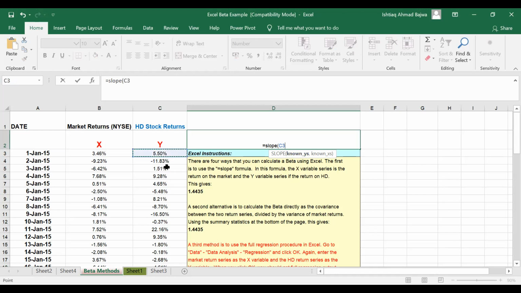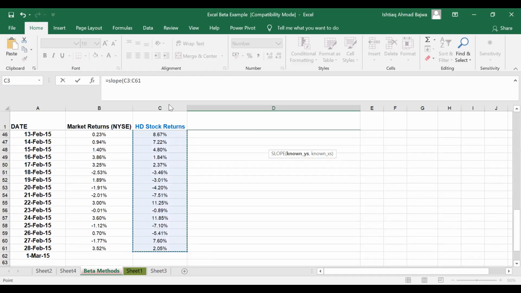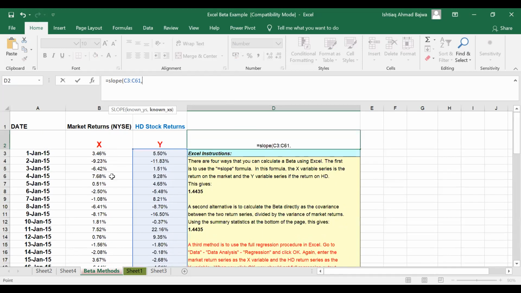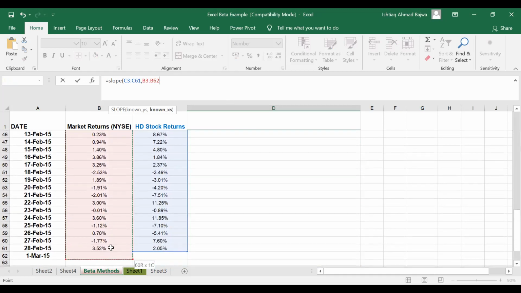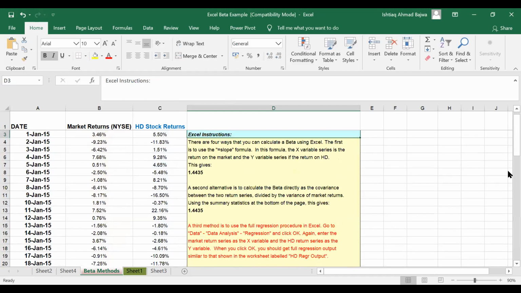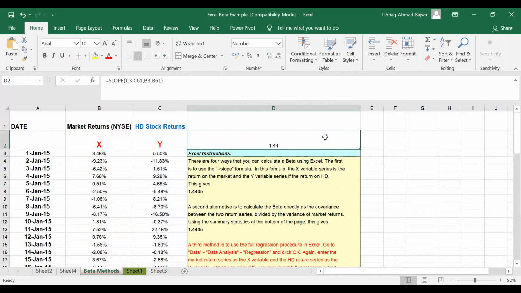These are my Y's up to this 28th February, then comma, then I will select my X, which is market, same dates. Okay, and when we enter, it will give me the beta of that stock, which it is showing me as 1.44. So this is how I can calculate the beta of any particular stock. See, I calculated the beta of that particular stock, which is 1.44.